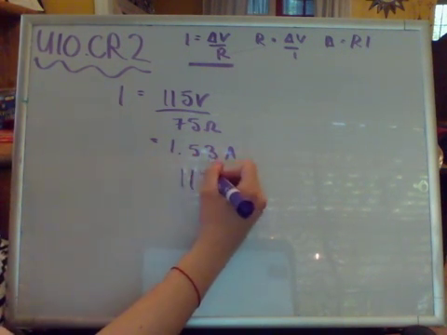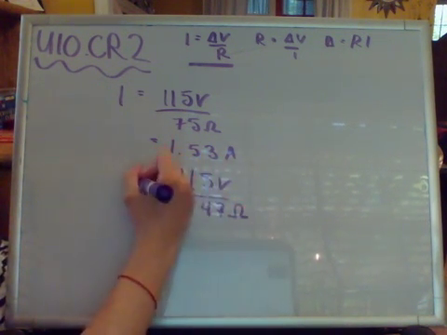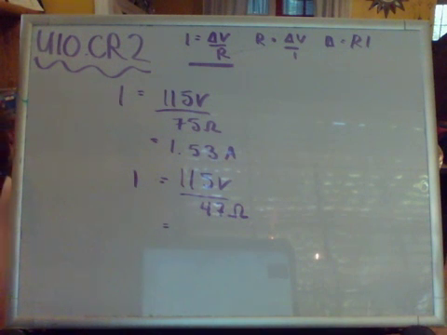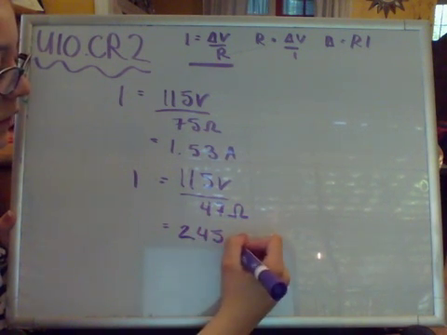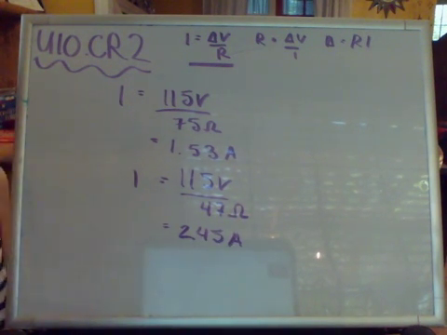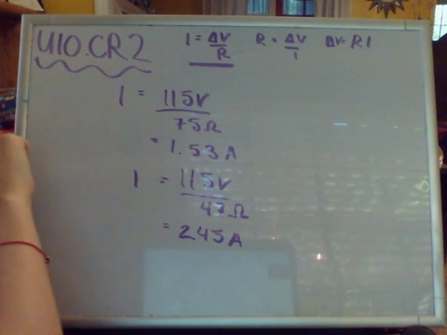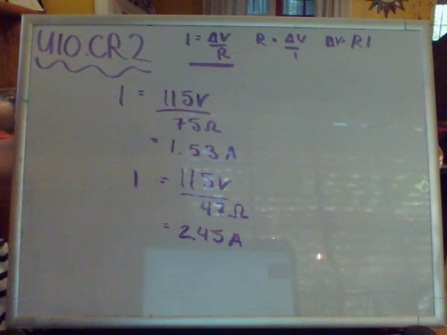So we're going to do 115 volts over 47 ohms, and that is going to equal 2.45 amps going through a 47 ohm resistor. And that is how you apply the formulas for potential difference, resistance and current, to solve problems using those equations.